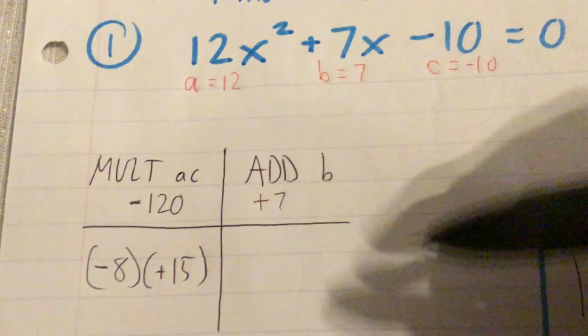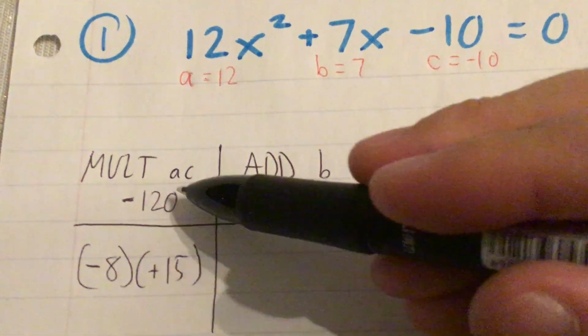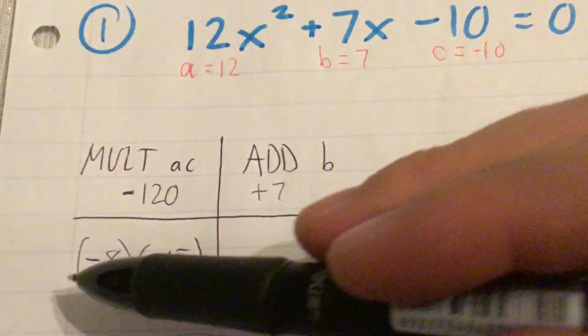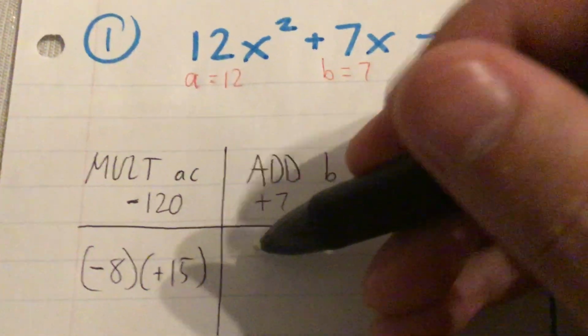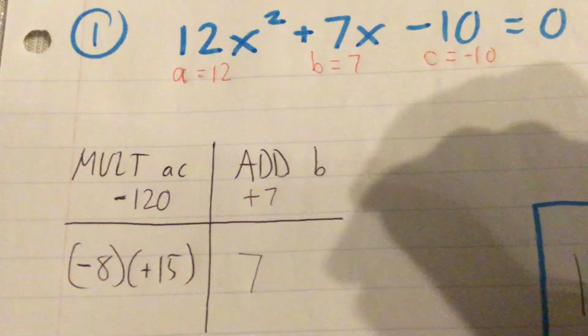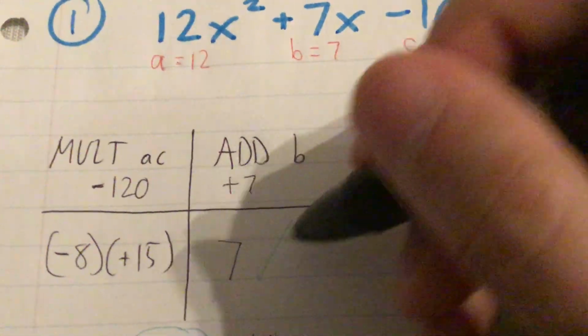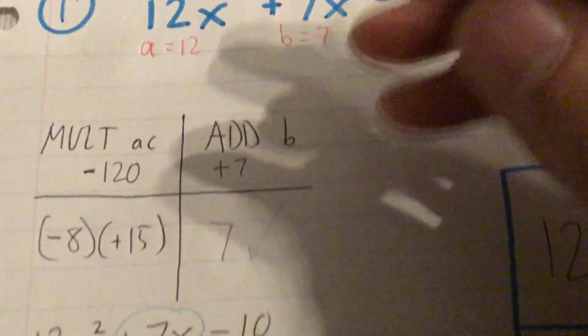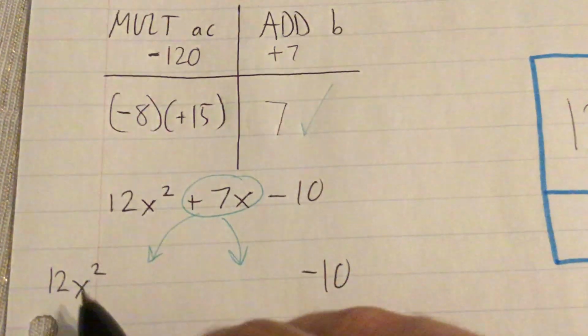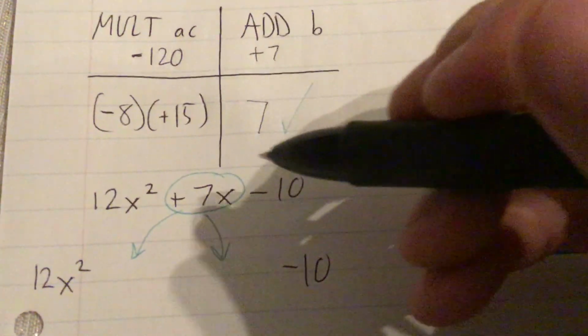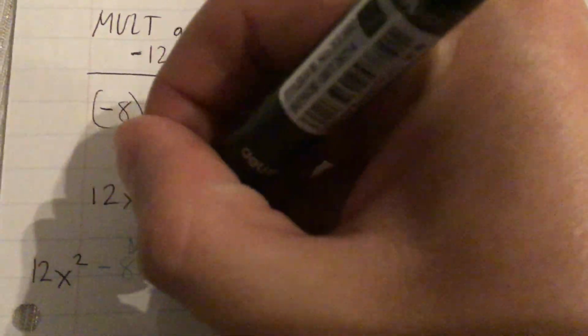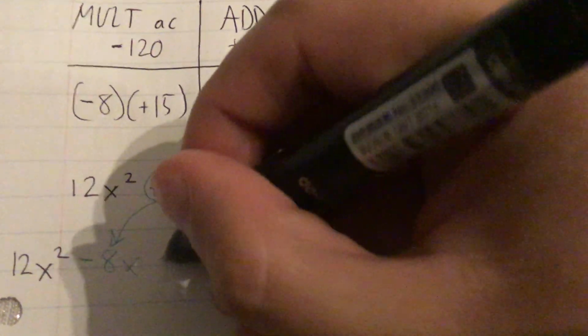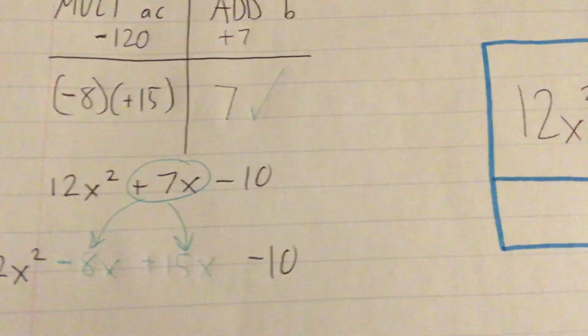So it has to be negative 8, positive 15, because negative 8 times positive 15 is negative 120, and negative 8 plus 15 is positive 7. Therefore, this combination wins. But what does this do? This allows 12x squared plus 7x minus 10 to split the middle term, specifically into negative 8x and positive 15x.